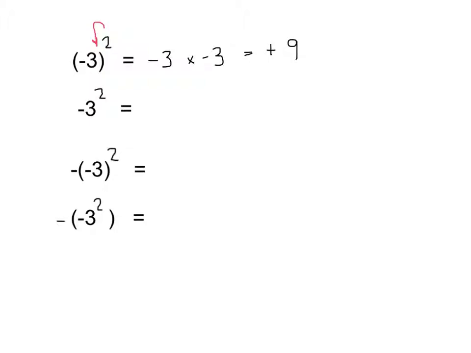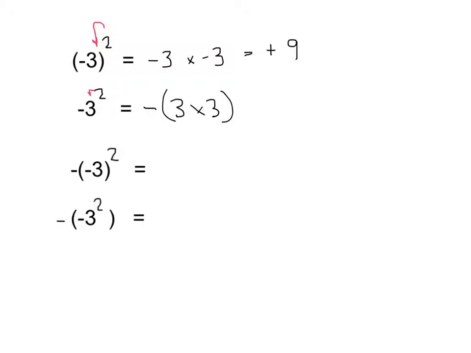Now, the second problem, the first thing that the exponent sees is the 3. So what that's telling us is that the 3 is being squared, and then we want the opposite of that answer. In other words, this should be interpreted as the opposite of whatever 3 times 3 is. I'll put parentheses around that.